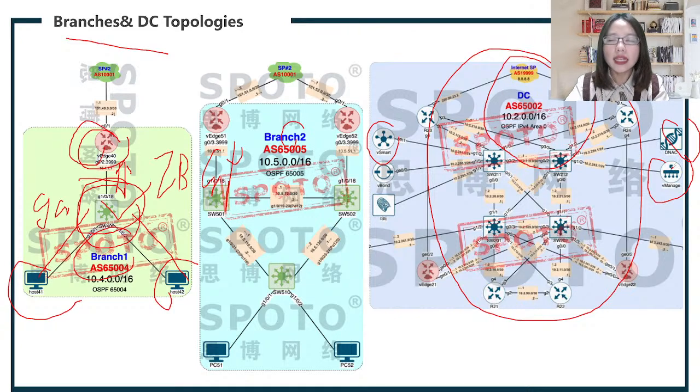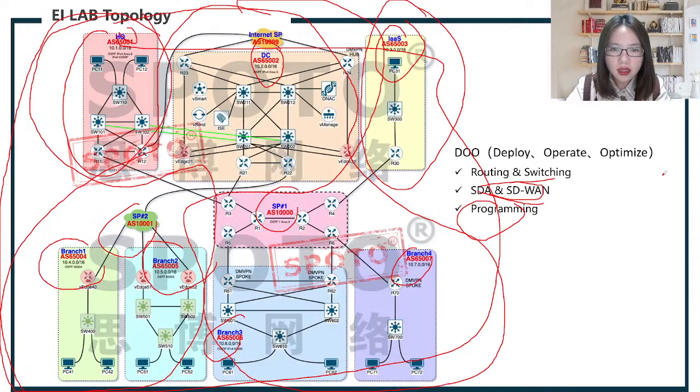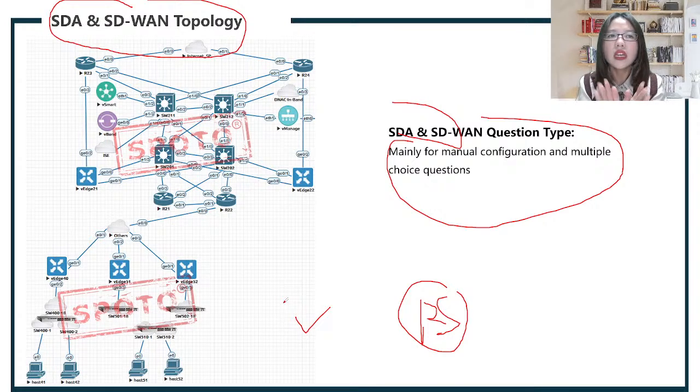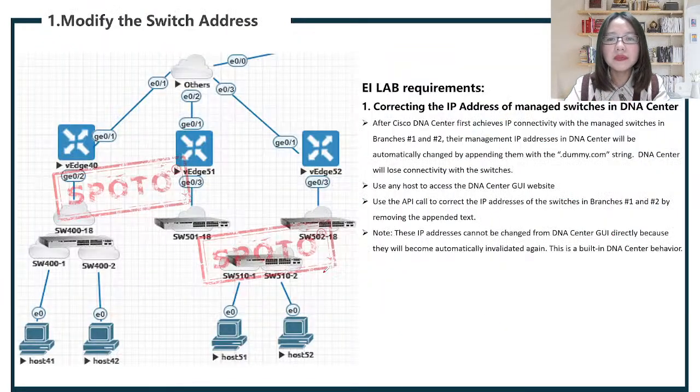DNA center can manage 4 branches. Let's see. We should use routing and switching to realize that the DNA center can manage these 4 switches: switch 400, switch 501 and 502, and 510. So today we will focus on the relevant requirement of SDN.